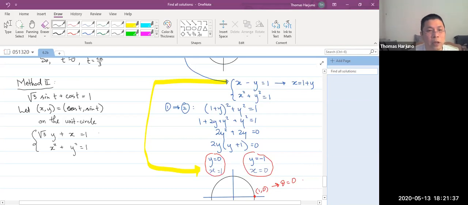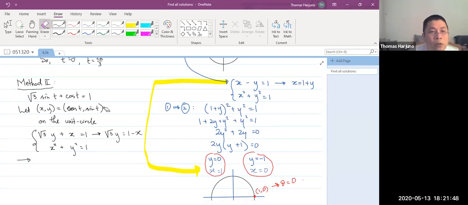So I get square root of 3 times y equals 1 minus x. Actually, let me solve for x instead.